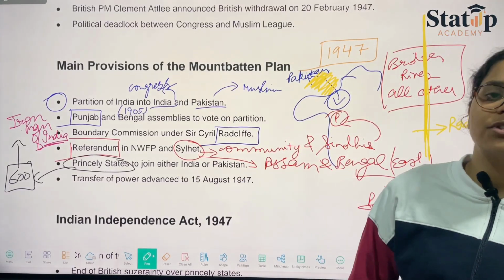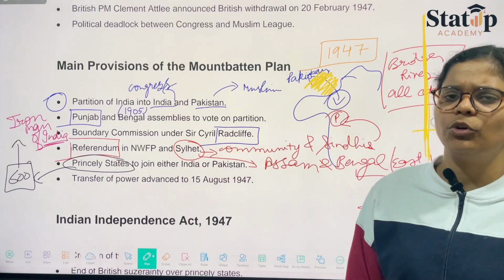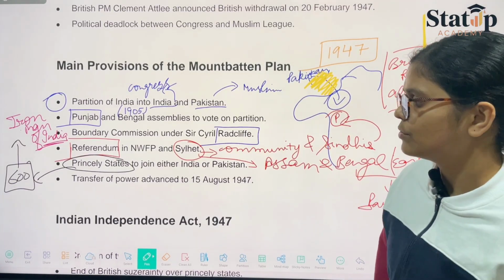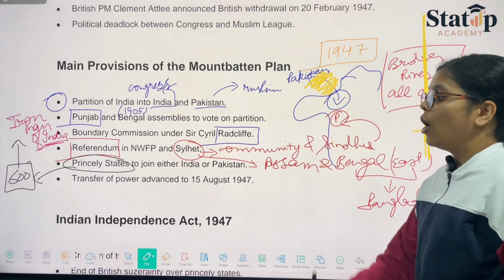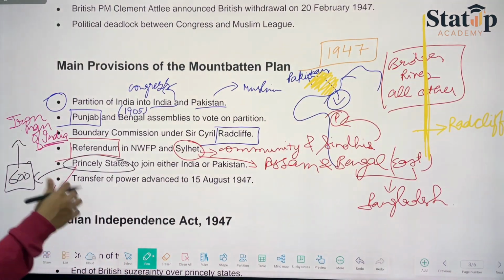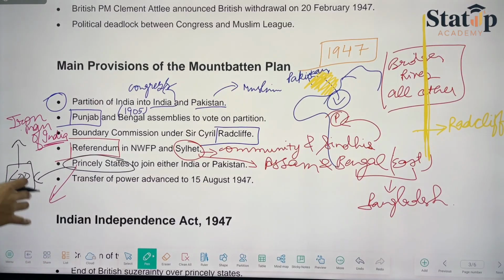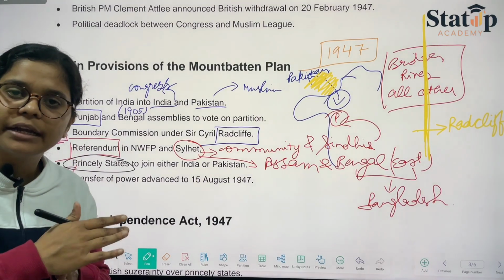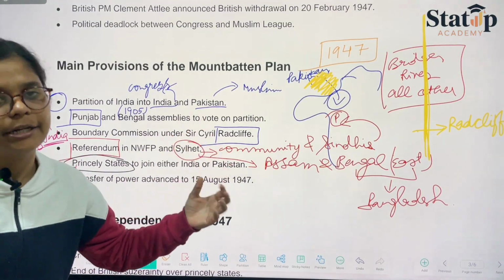Also, it was decided that the treaties signed between the British government and the princely states would come to an end at independence.